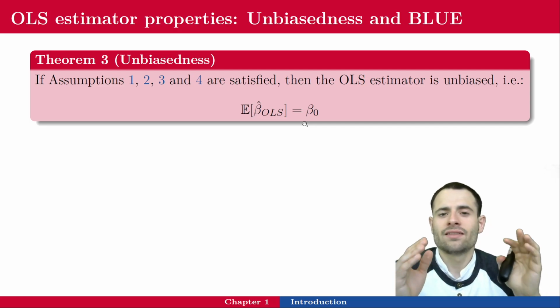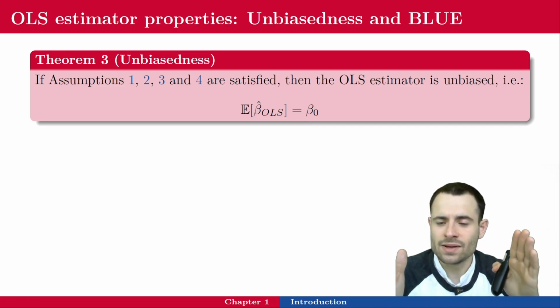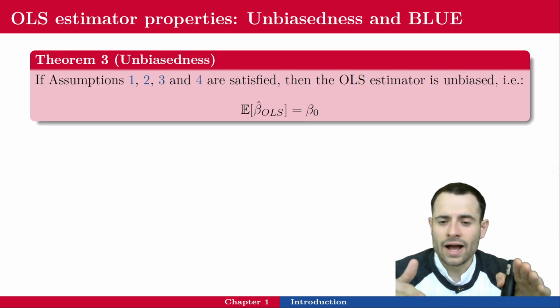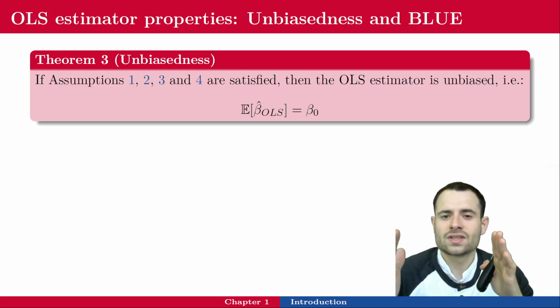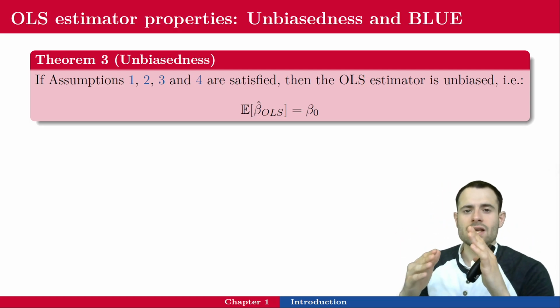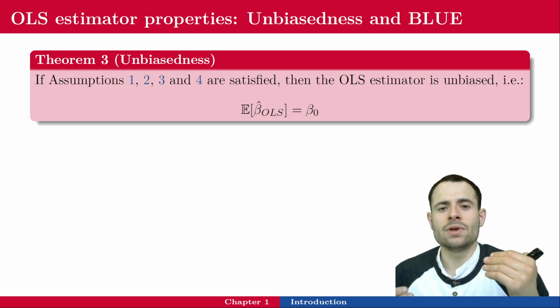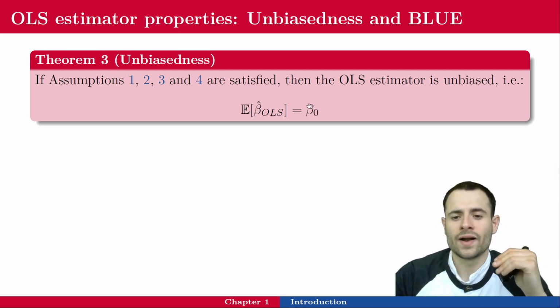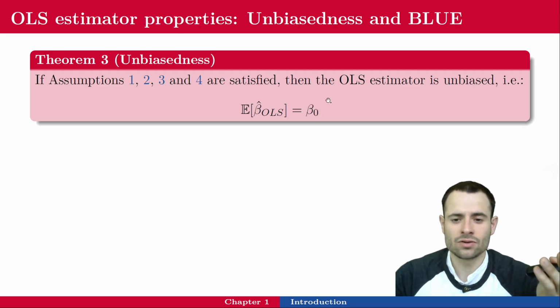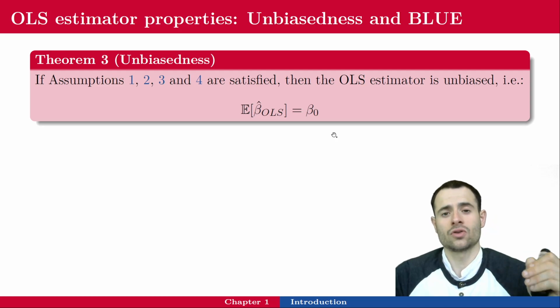So if you give me 10 different samples with the same sample size, I can compute 10 different beta hats, and I can take the average. It should get me closer to the true value. Since I only take the average of 10 samples, it won't be exactly equal to beta 0, but it should get me closer.